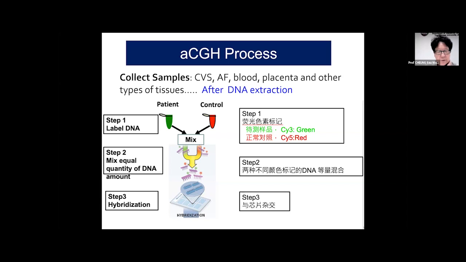One is green and one is red, and you mix them together. Then you hybridize to an array of DNA probes on the slide, whose locations are known.